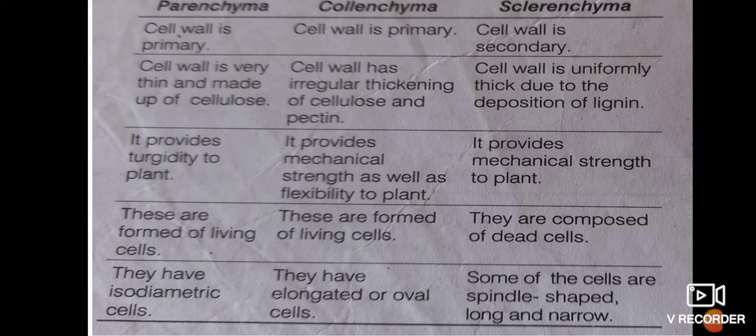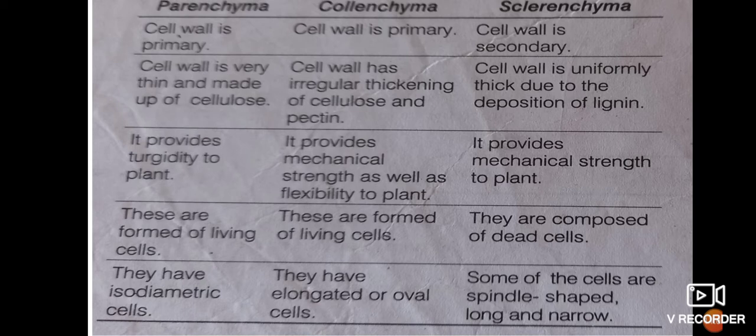Now the last one: parenchyma has isodiametric cells, collenchyma has elongated or oval cells, and sclerenchyma has cells which are spindle shaped, long and narrow. Isodiametric means the cells are equal in diameter, collenchyma cells have elongated or oval shapes, meaning they are a little longer in nature, and sclerenchymal cells are spindle shaped.